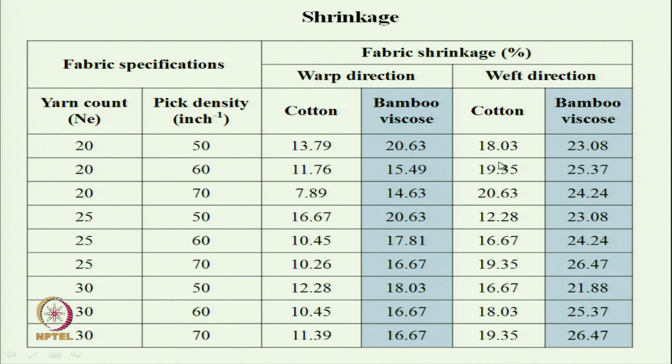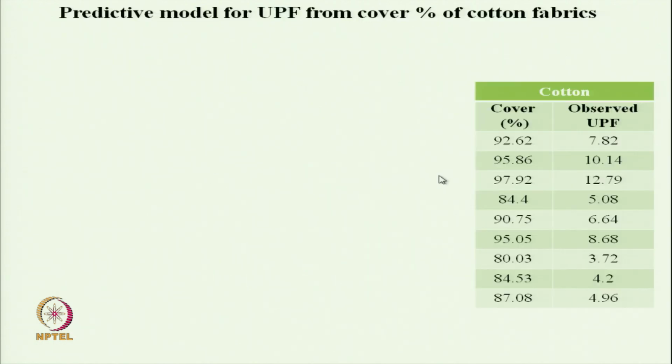Weft-wise shrinkage is also high, it can go up to say 25%, whereas cotton is around 18 to 20%. For all the combinations, the bamboo viscose fabric has higher shrinkage. So, that increase in mass per unit area is mainly due to higher shrinkage.